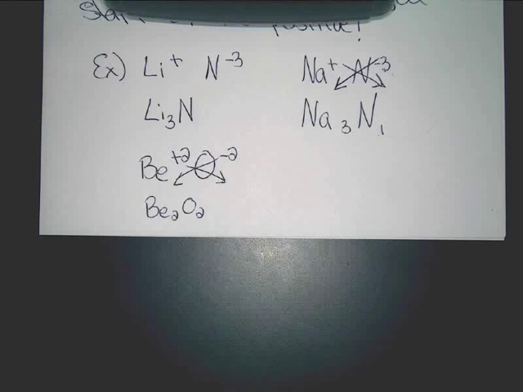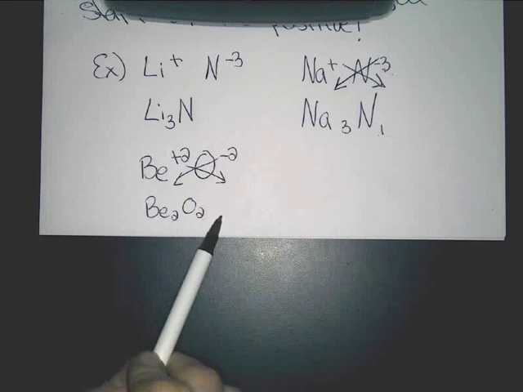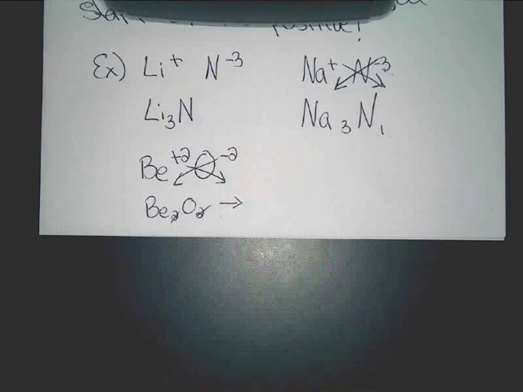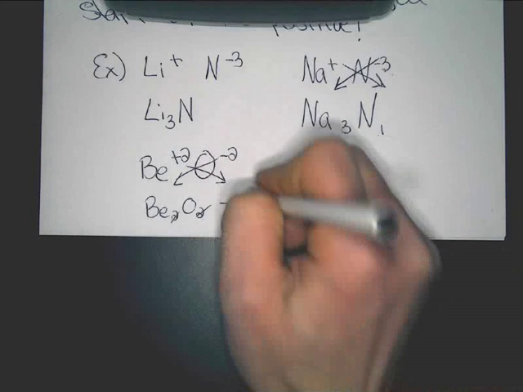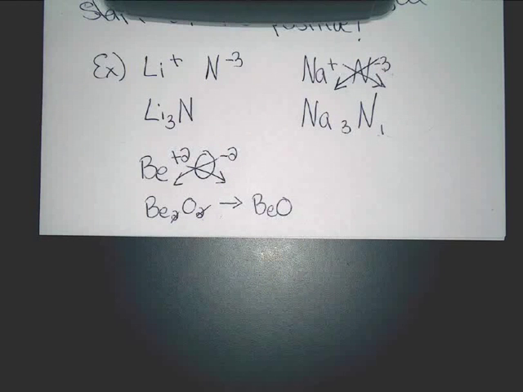Usually crisscross gives you the answer and then you're done. But if these numbers can be reduced, you're just going to reduce them. So what would this be? BeO. You guys get it? You do have to reduce it.